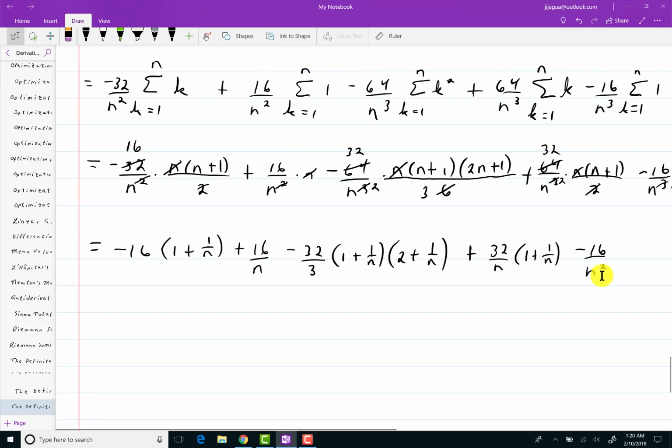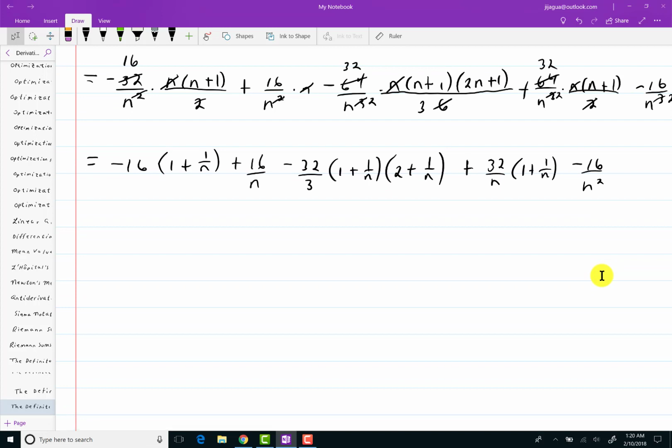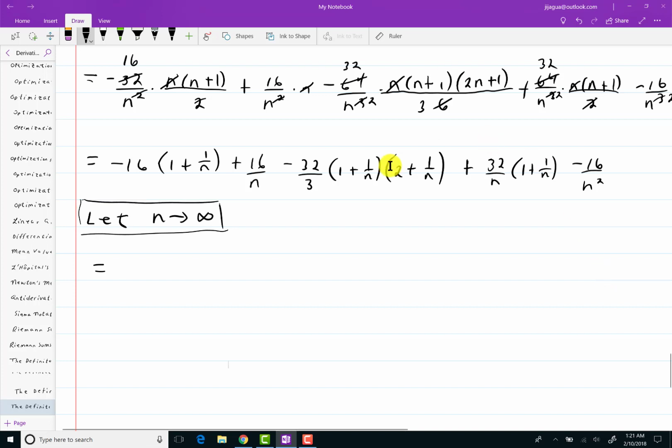Now that is a lot of stuff, so I'm going to say now let n go to infinity, and we end up with, I'll just put this in a little bullet point here. So this will be negative 16 times 1 plus 0. This piece will be 0.